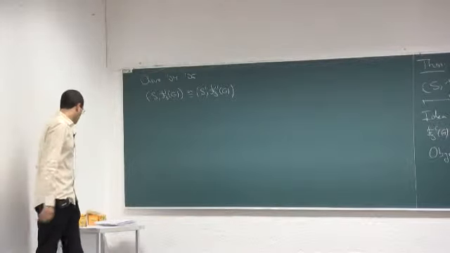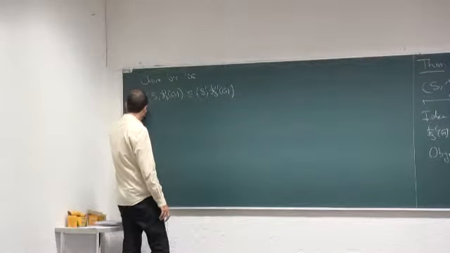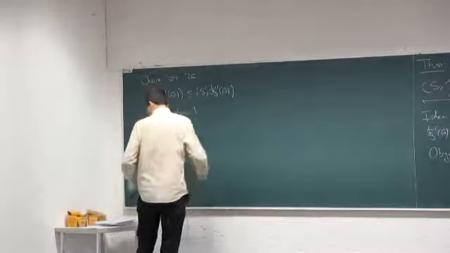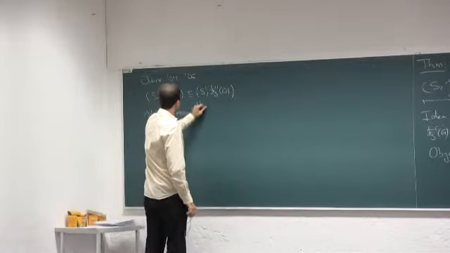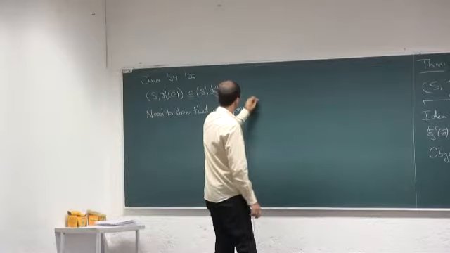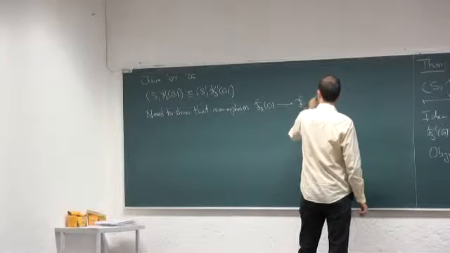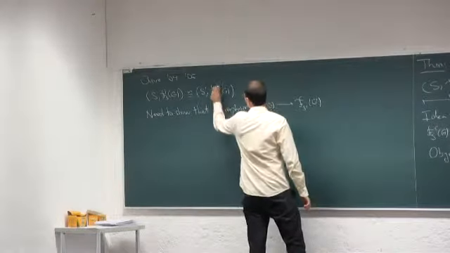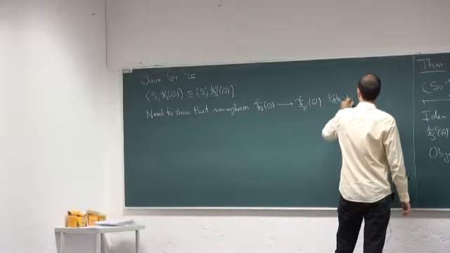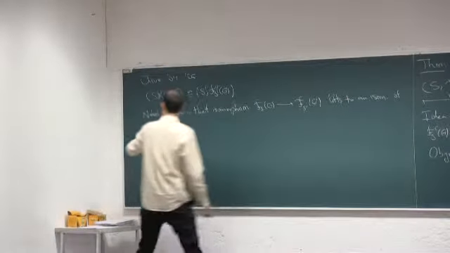Well, what this requires, so we need to show that an isomorphism of fusion systems leads to an isomorphism of the central linking systems.